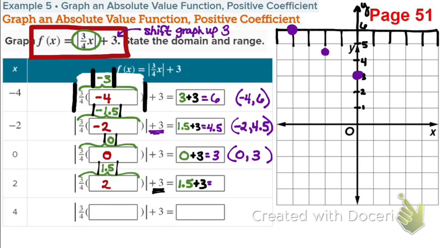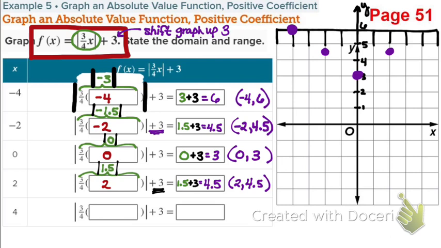And I get what? 4.5. So where does this ordered pair go? Two and 4.5. 2 and 4.5.